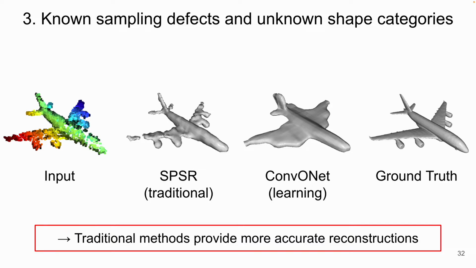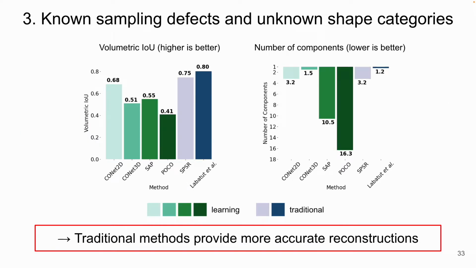So maybe here this learning architecture tries to reconstruct a table or something like that, which was in the training set. And indeed, again, most networks struggle in this setting because they overfit to the smaller and simpler ModelNet dataset. And the traditional methods do, of course, not have a problem with this domain shift and again reconstruct more accurate surfaces.